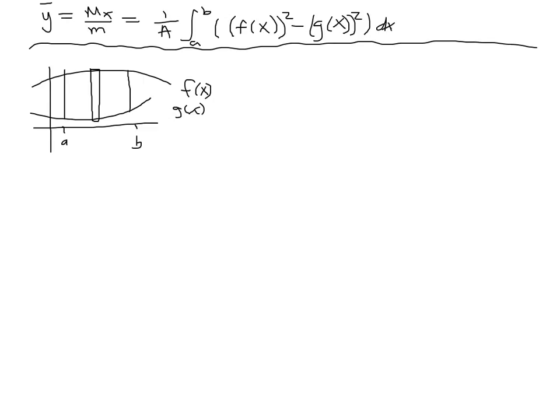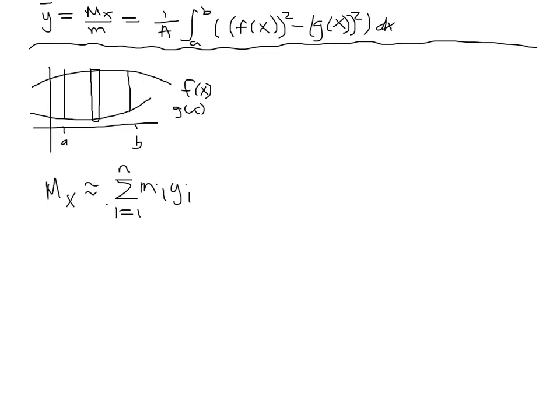The last thing we need to do is show why the formula for y bar is given by this expression here. So just like figuring out m sub y, when we find m sub x, this will be approximated by a sum from i equals 1 to n of m sub i times y sub i.